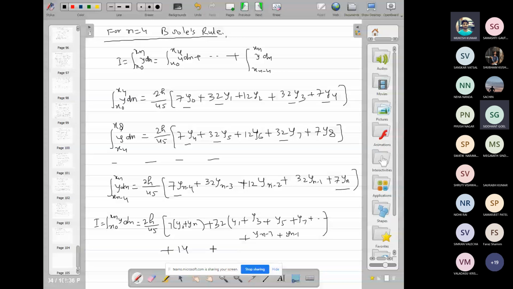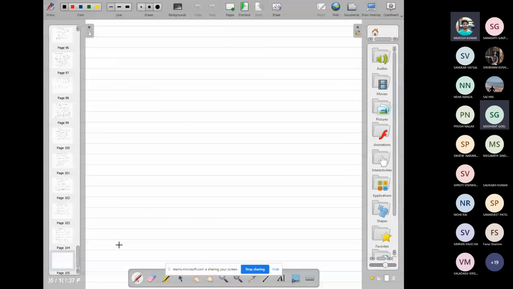Here n must be a multiple of 4. Any number of subintervals, we subdivide such that n is a multiple of 4. And n may be 4, 8, 12, 16. Then we can apply Boole's rule. In a similar way, by putting n equal to 6, the last formula, we obtain Weddle's rule, after some modification.